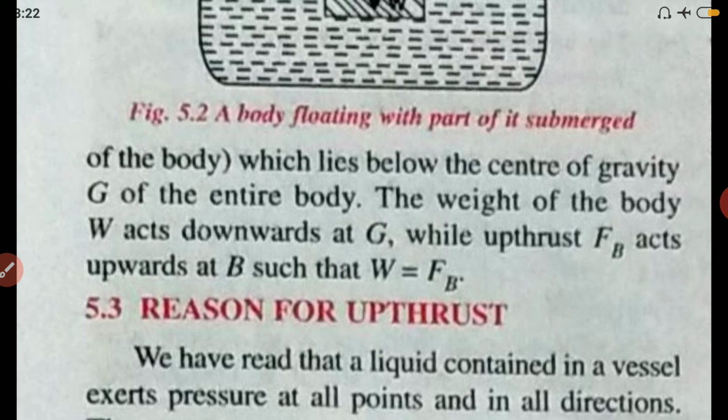The weight of the body W acts downwards at G, while the upthrust FB acts upwards at B, such that W equals FB, because the body is floating.